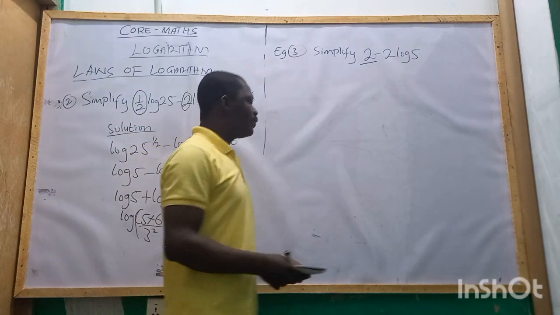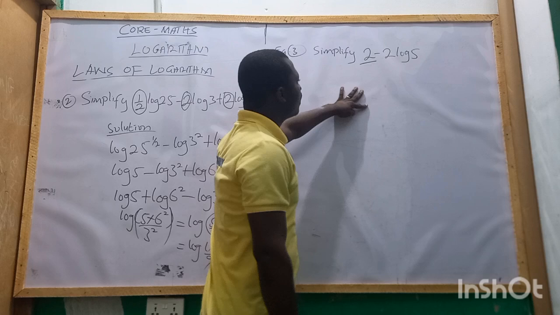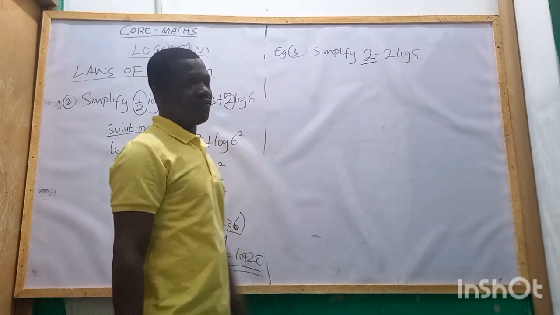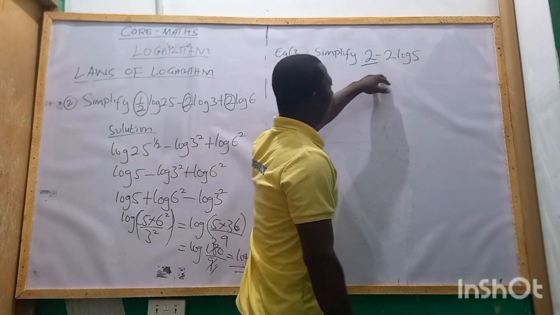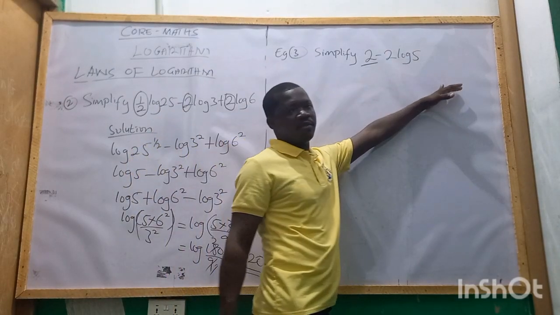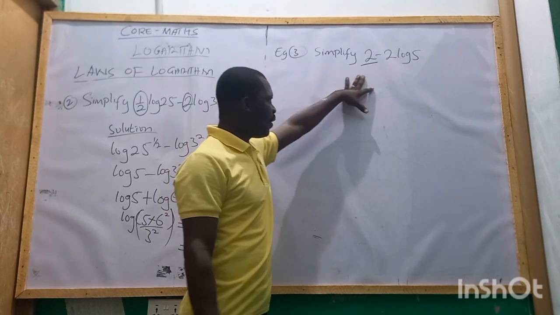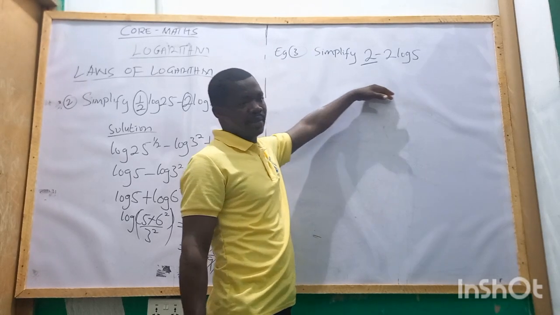So anytime you are given a number without a log and you are supposed to introduce a log, first we check the base in which the other log or the other logs has been given to you. So if you observe our work, we are working in base what? Base 10, right?